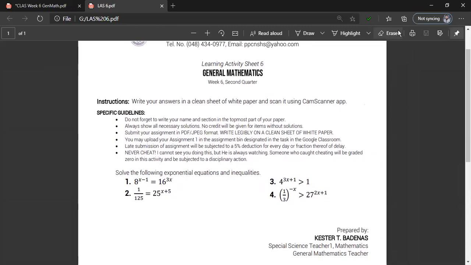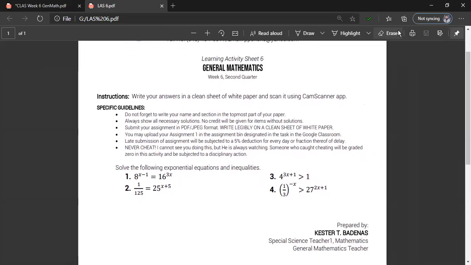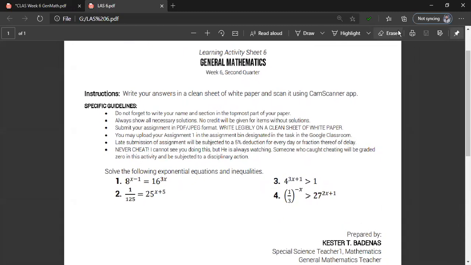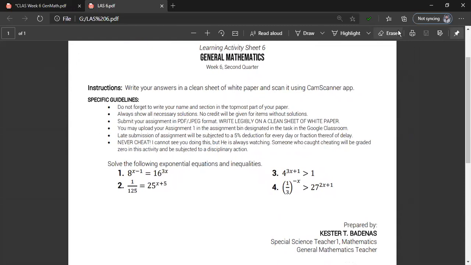I know that not all of you can upload the answer in the Google Classroom. Sige, ganito na lang. Kapag you have difficulty in uploading the learning activity sheet in the Google Classroom, i-submit nyo yung hard copy sa akin.